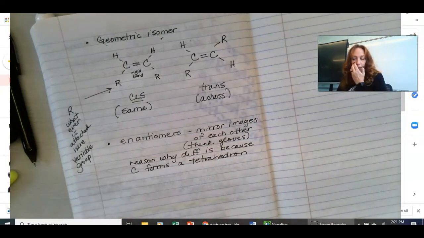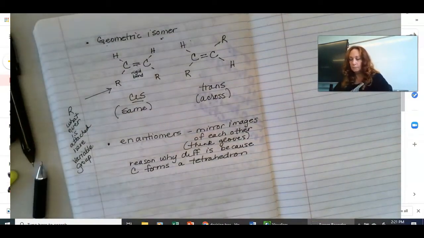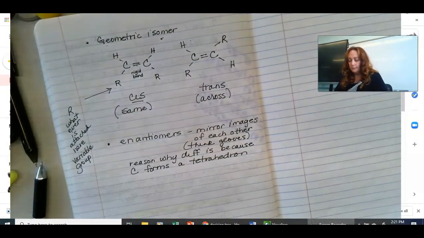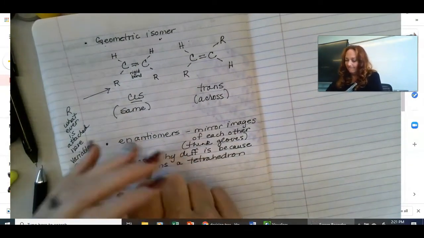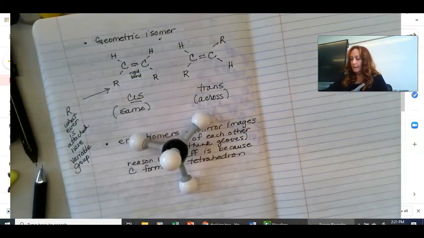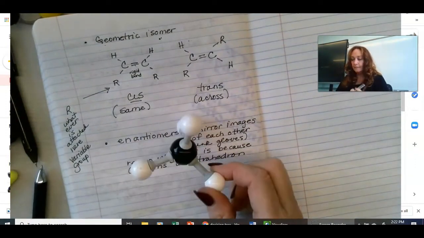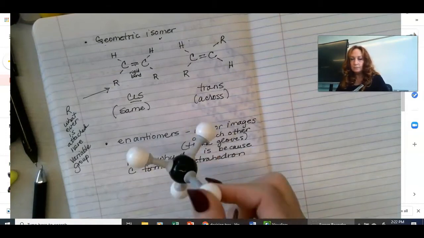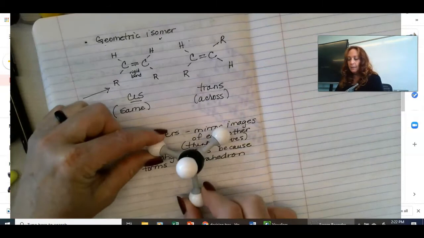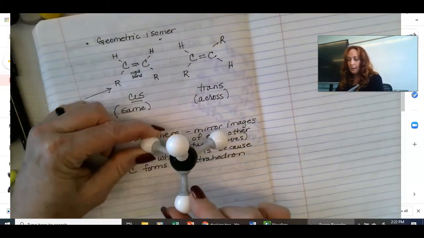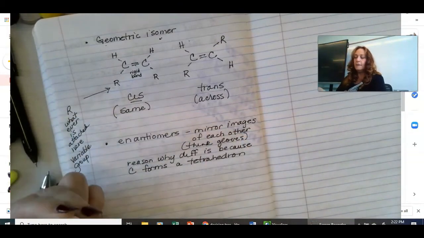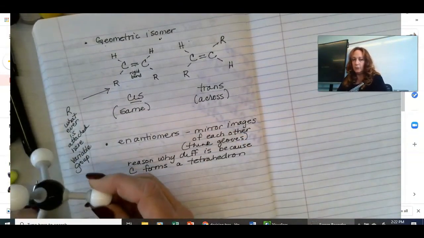So a tetrahedron, that's why these things are really aggravating. That's a tetrahedron. So if I put something here, it is in a different place relative to the others than the mirror image of it over here.